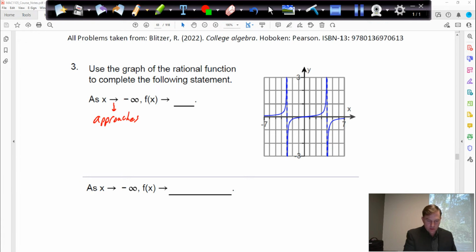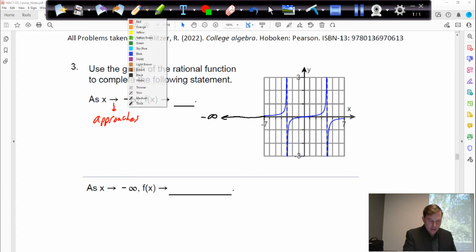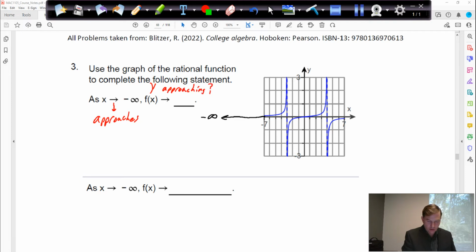The x-axis keeps going like this, and it goes to minus infinity. This is asking us, as x goes in this direction, toward negative infinity, what does y approach? What is y approaching?